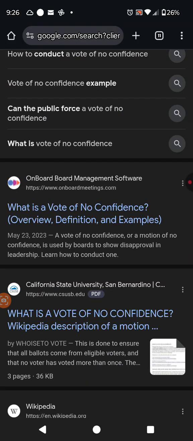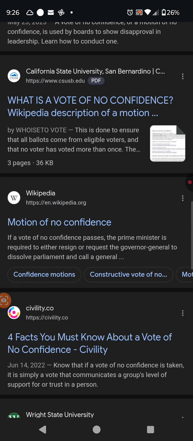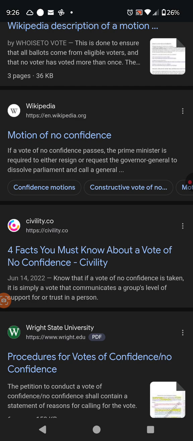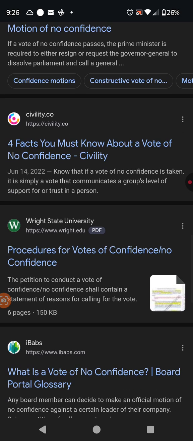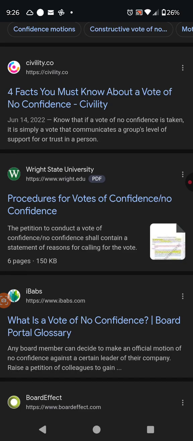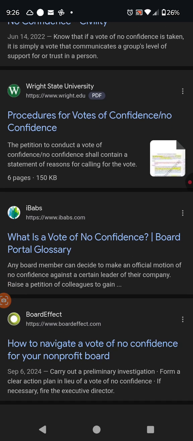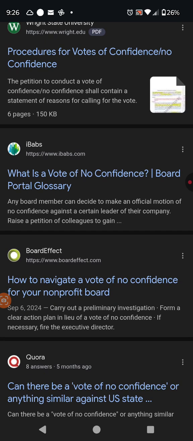Okay, so, motion of no confidence. In a civil society, this is what you do to remove a wayward politician.